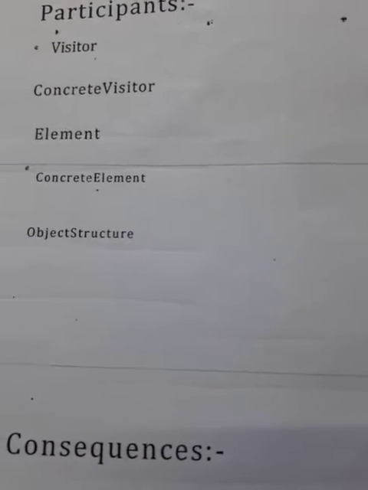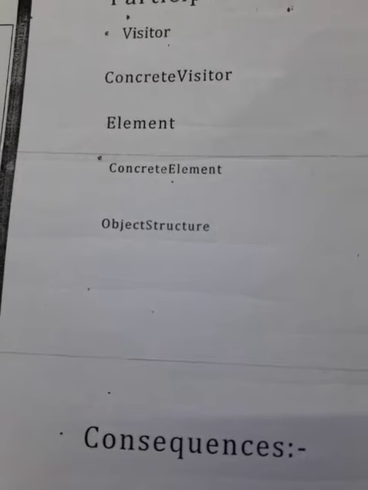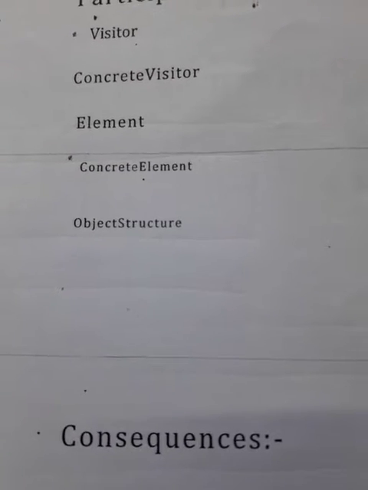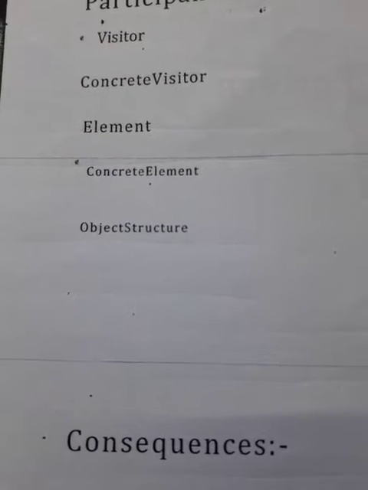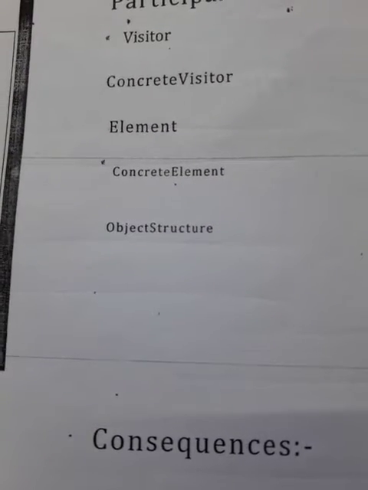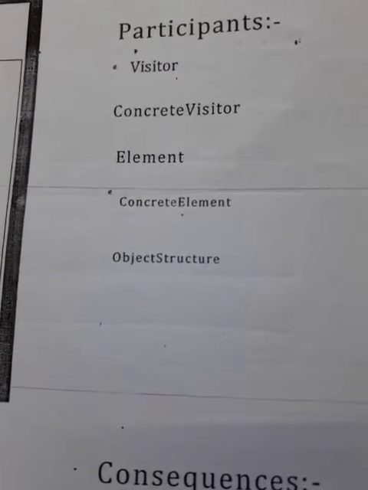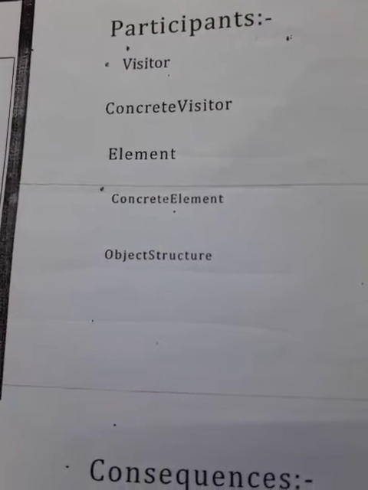Coming to the concrete visitor, that is the type checking visitor. It implements each operation declared by the visitor. Each operation implements a fragment of the algorithm defined for the corresponding class of object in the structure. The concrete visitor provides the context for the algorithm and stores its local state.